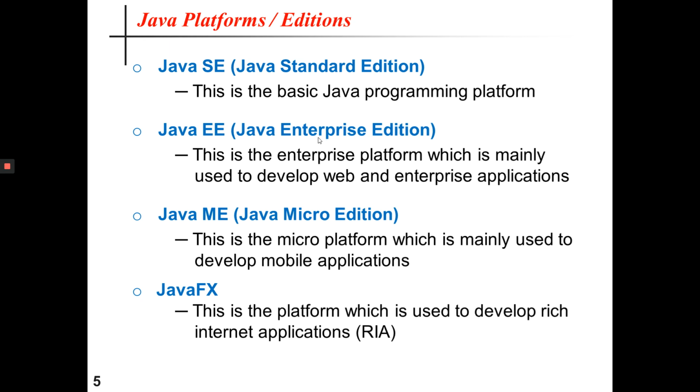And lastly, we have JavaFX, which is the platform used to develop rich internet applications, that is called RIA. I hope that you have understood the useful components of Java, that is JVM, the relationship between JDK, JRE, and JVM, the features of Java, and the different Java platforms and editions that are available nowadays.